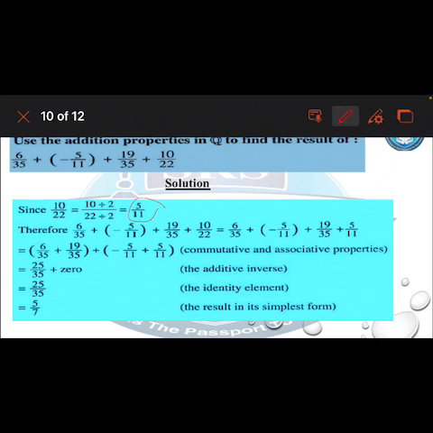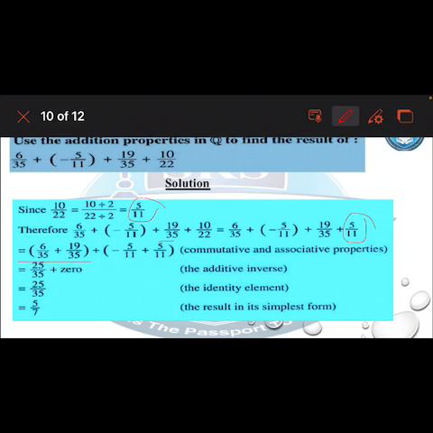Then I have now 6 over 35 plus negative 5 over 11 plus 19 over 35 plus 5 over 11. Now I can rearrange these rational numbers to put those with the same denominator together, which means I use the commutative and associative properties.